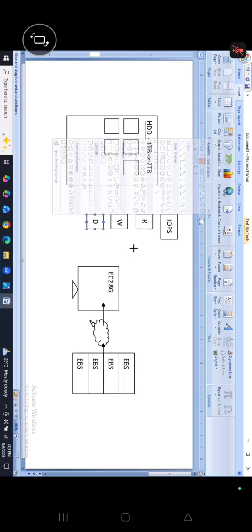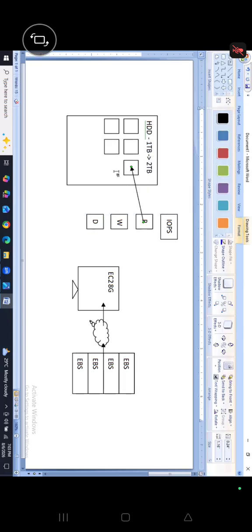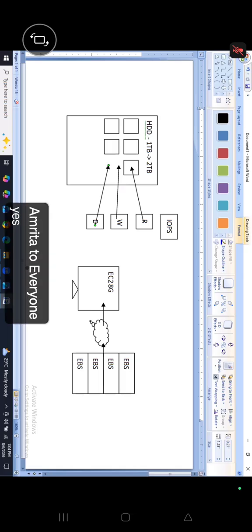Per second, how much data is read, per second how much data is written into the hard disk, per second how much data is deleted. I hope you got it, guys. Per second read, write, and delete data from the hard disk, that is called IOPS. Clear now?